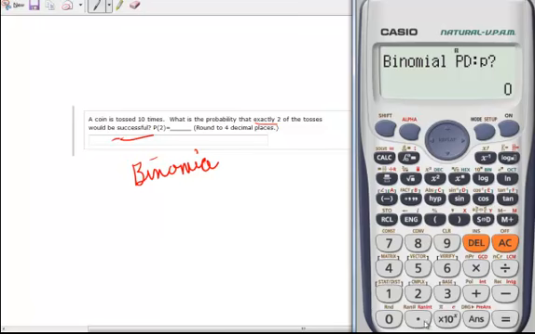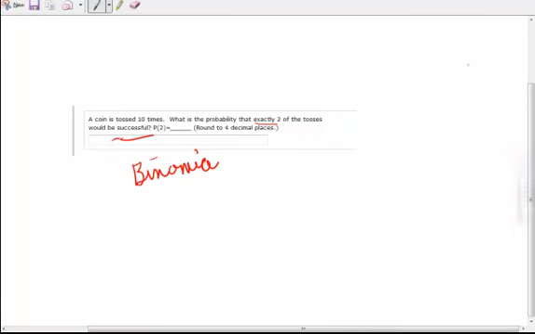And what's the probability on any one time? Well, since there's a choice of a head or a tail, the probability of any one of them is 0.5. And so when you press it, you will get a certain value for that choice. So when you press equals, you will see what your answer is.